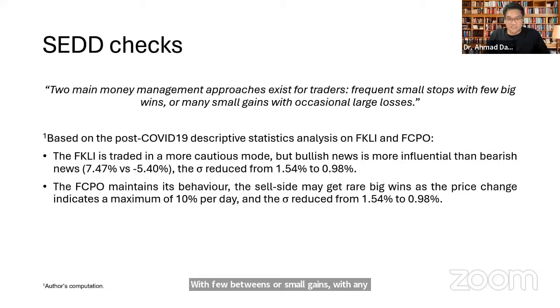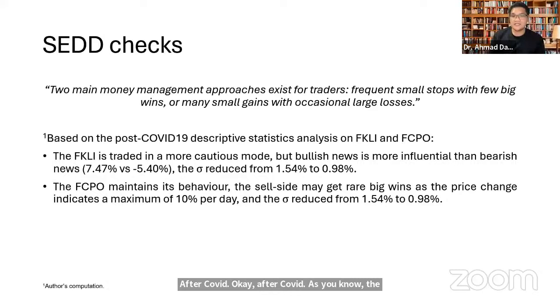Usually the researchers, the ones in the research room, will do descriptive statistics analysis. Here is my own computation for KLCI futures after COVID. As you know, the financial markets landscape is already changing.